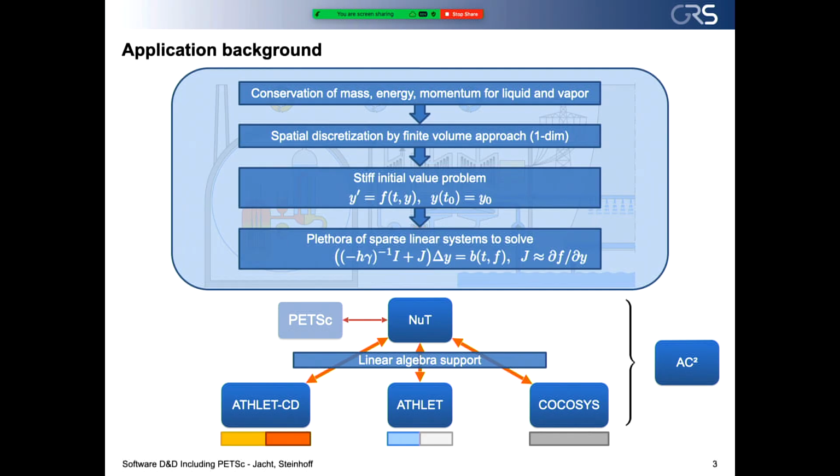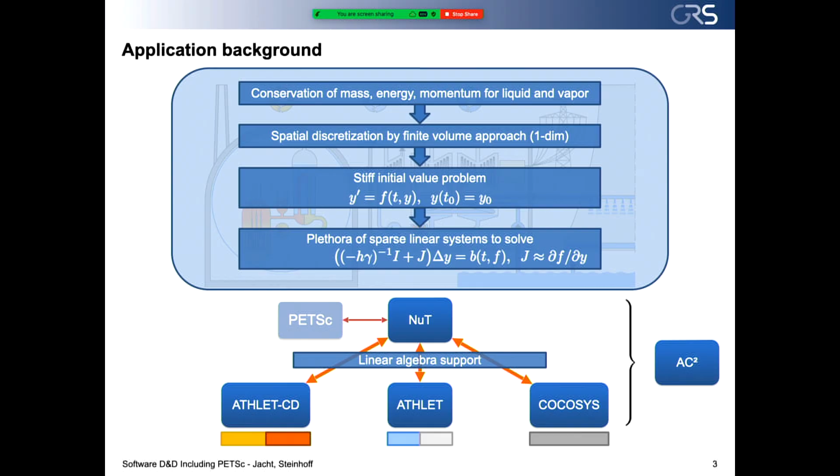Okay, just a quick overview of how we end up with the linear algebra. So we have the conservation of mass, energy, and momentum for liquid and vapor in more or less these pipes or vessels. Then there comes a more or less usual finite volume approach, but it's one-dimensional, everything pretty easy if you do things one-dimensional.